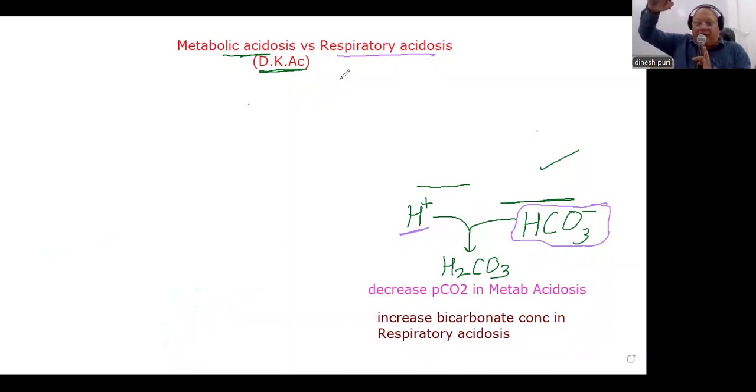The ratio can be reverted back to normal by elevating the bicarbonate concentration. For that, certain renal mechanisms come into the picture, which is beyond the scope of this class. And lastly, just to conclude, respiratory acidosis, as we said, the primary defect is raised PCO2.